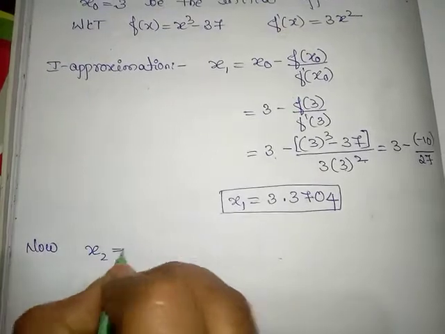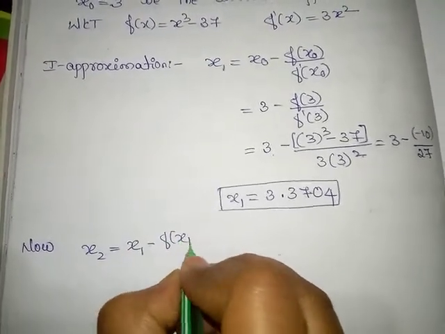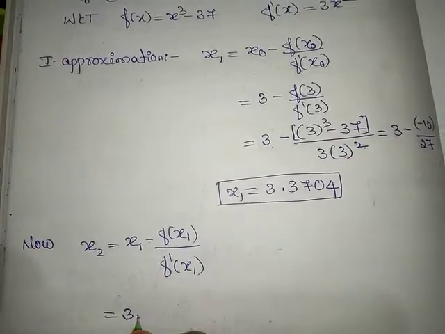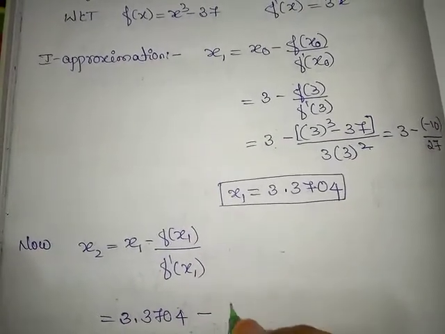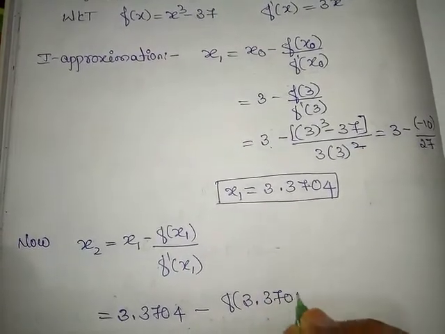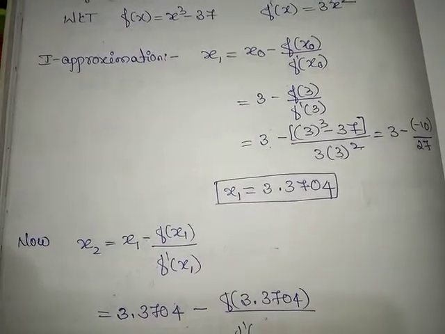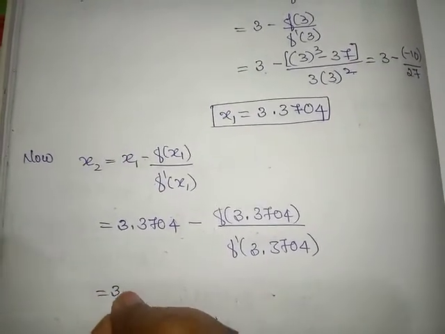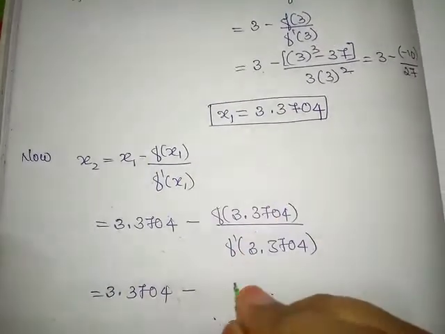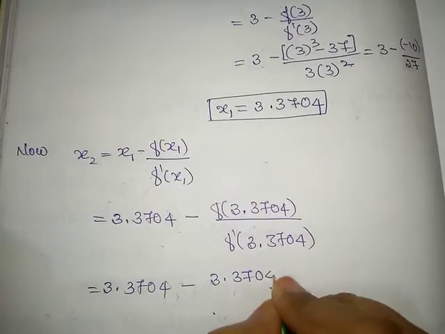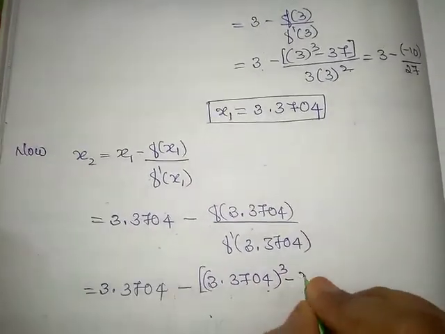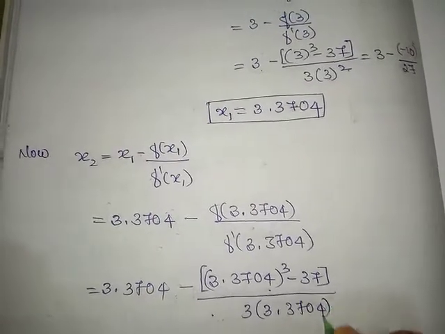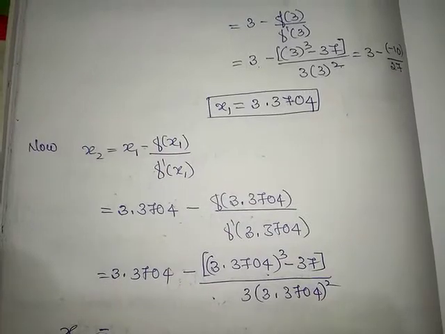Now x2 is equal to x1 minus f of x1 divided by f dash of x1, which is equal to 3.3704 minus f of 3.3704 divided by f dash of 3.3704, which is equal to 3.3704 minus 3.3704 whole cube minus 37 divided by 3 into 3.3704 whole square.